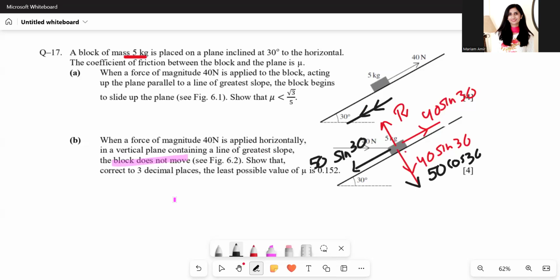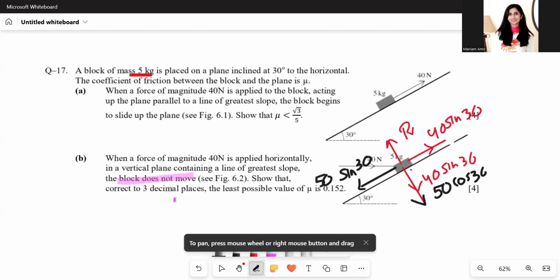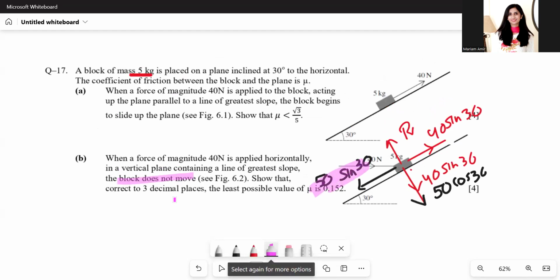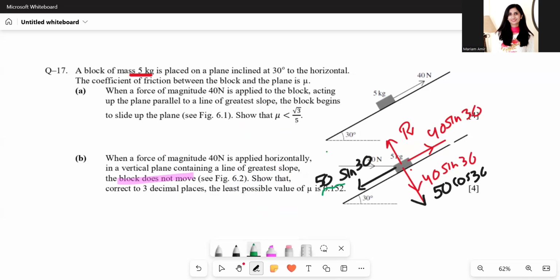Okay. What we'll need to do is we'll see which force is bigger. Is this force bigger? If this is bigger, then friction should be acting downwards. And similarly, if this force is bigger, then friction must be pointing in this direction. Let's see which is the case. Okay. So what is 50 sine 30?